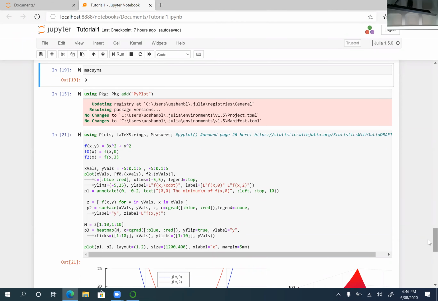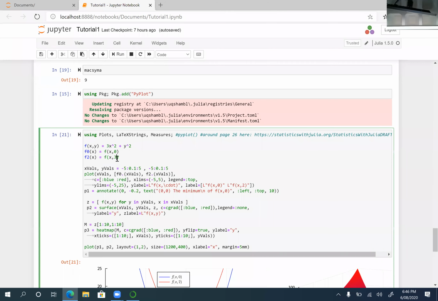So below that we have f0 of x is f of x comma when y is 0. Okay, so that should then be just f equals 3x squared, which is a parabola. Okay, and then below that, now previously this was a 2, so I'll make it a 2 again. So this will be f2 of x is f of x comma when y is 2.